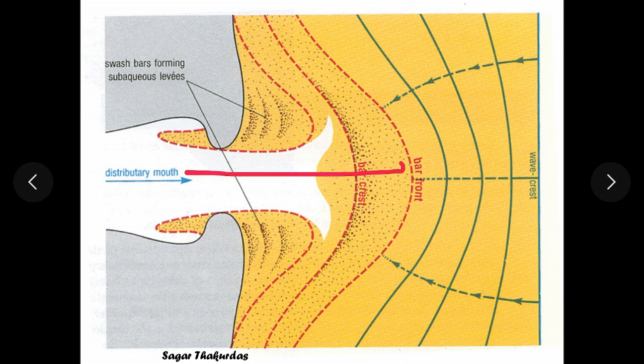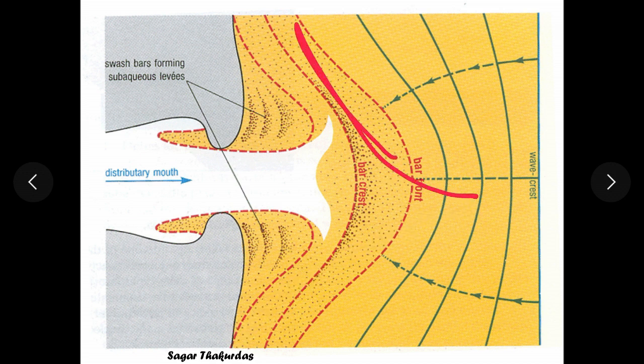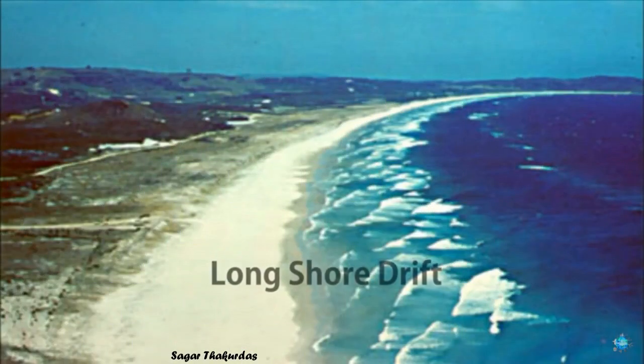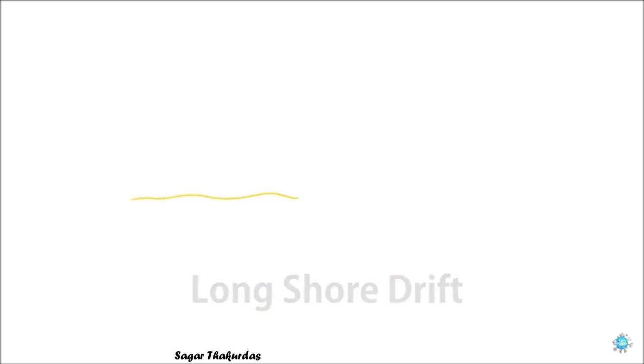So as soon as the sediment is deposited here, it is redistributed or transported laterally, and therefore this becomes an arcuate smooth profile. Now let us see how the longshore drift currents, which is a coastal process, actually works.